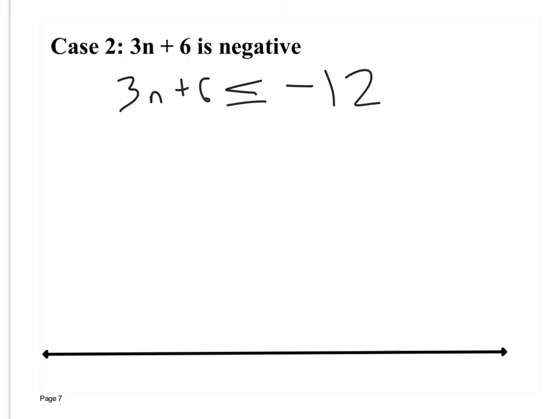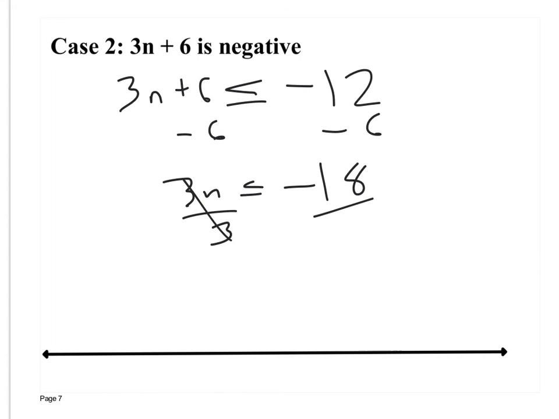Don't forget to do that. If you don't change the sign, it's all going to be wrong. So make sure on case 2 you change the sign. Now I subtract 6. So 3n is less than or equal to negative 18. Divide by 3. n would be less than or equal to negative 6.